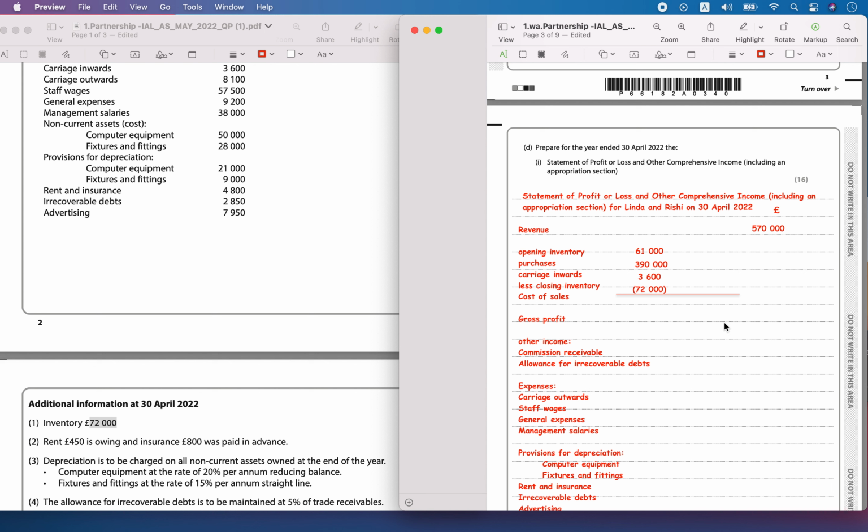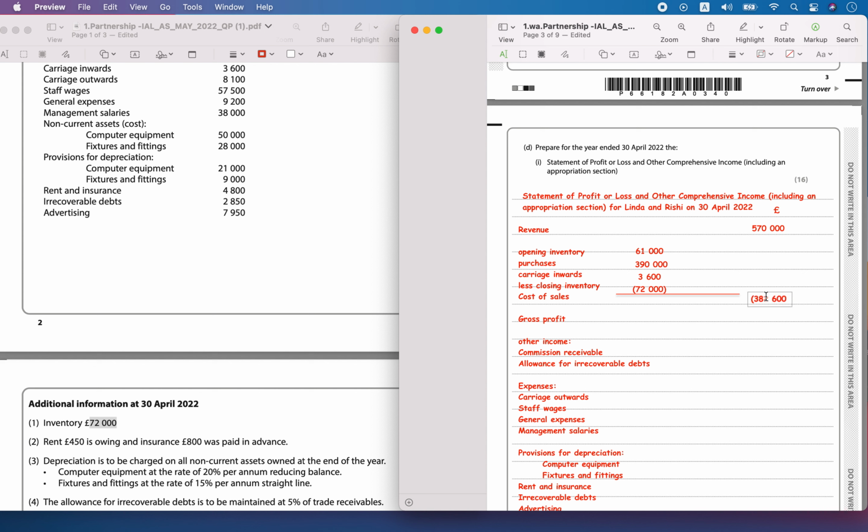So 61,000 plus 390,000 plus 3,600 minus 72,000. So the cost of sales will be 382,600. So let's write that, 382,600. Now we have to find the gross profit.